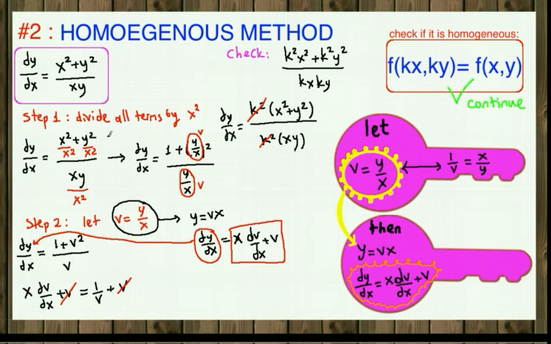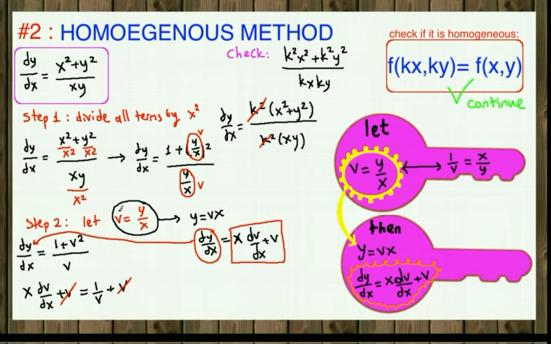Then we can start the steps. We divide all terms by x or x squared, the highest power of x. If you have x cubed, then you're going to divide everything by x cubed, because our main goal is to convert it into the form of y over x.